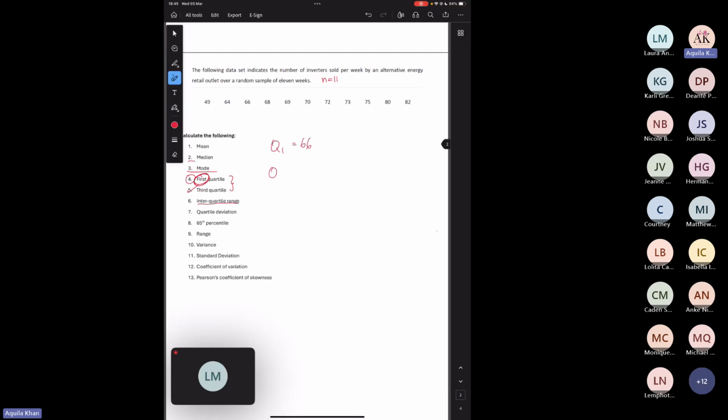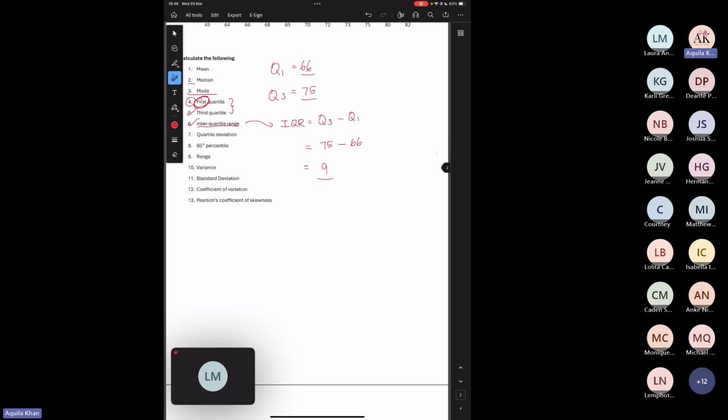And we literally just calculated Q3, which was 75. And your interquartile range, which in short form is just IQR, is calculated as Q3 minus Q1. So this is Q3 is 75 minus Q1 is 66, and that would give you 9 as your interquartile range. And that's literally it. This one doesn't need an interpretation, so we're done with your interquartile range.